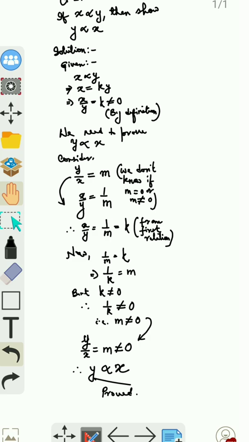When the first quantity is divided by the second quantity, the constant that we obtain, in this case k or m, will have to be non-zero. If we can prove that the constant obtained is non-zero, then we can simply say that the relation between two quantities is direct variation, or indirect variation or joint variation for that matter.